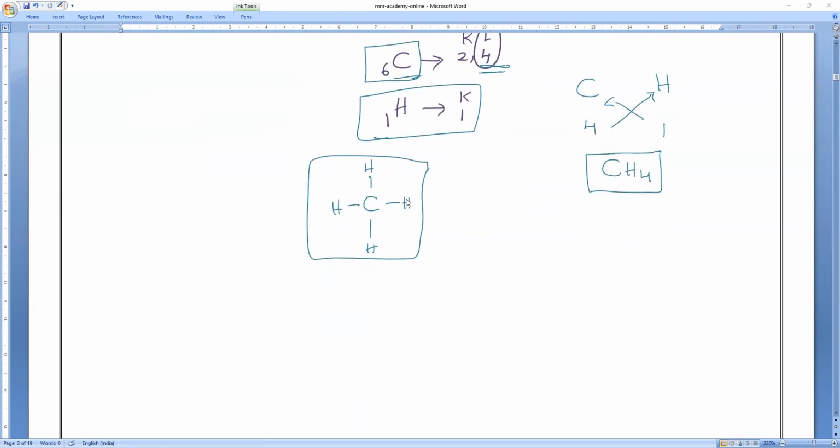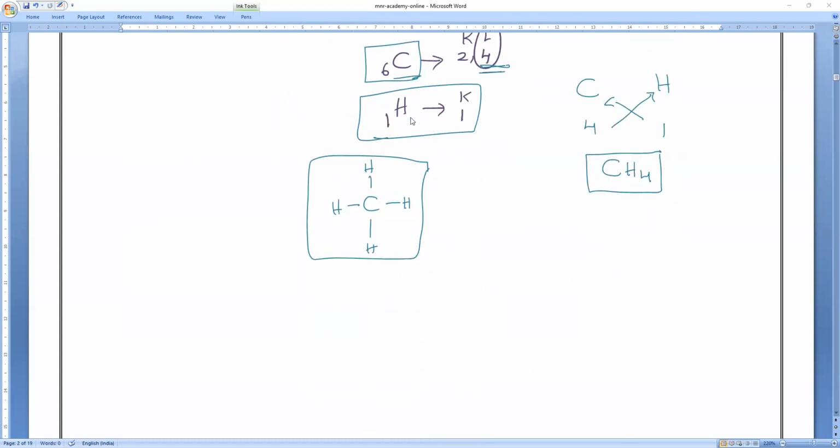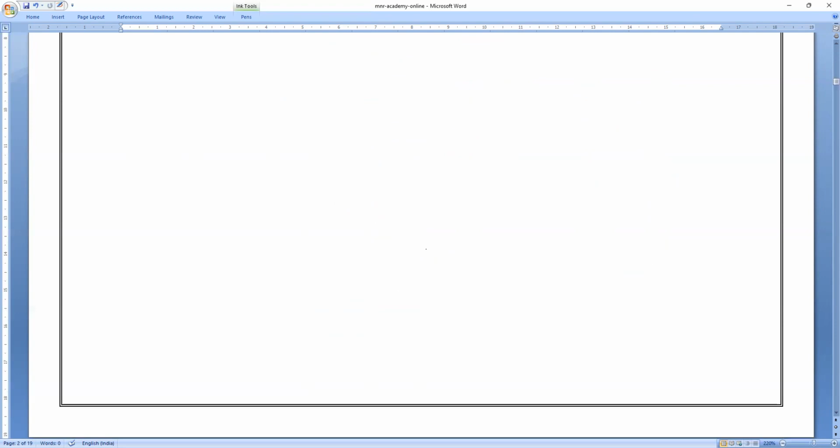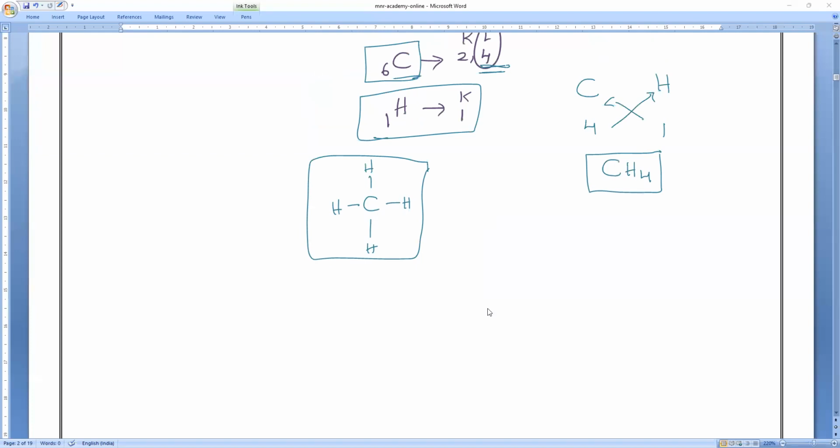So this is what is about valency. Valency means how many electrons an element can donate, accept or share during chemical bond formation. That is what we call valency. Anyone having doubt, please ask me. Otherwise, go to the next concept. If you are having 8 electrons, what is the name of the rule?